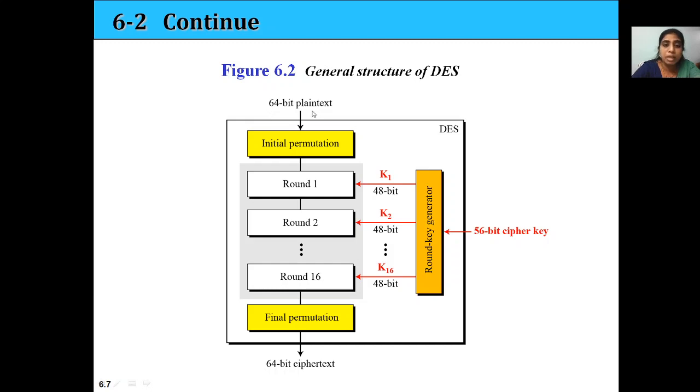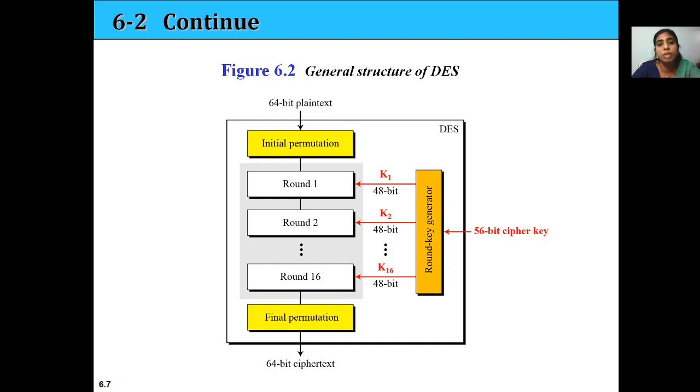plain text and give it to the initial permutation. This initial permutation is predefined. Permutation is nothing but transposition of the bits, where we change the positions of the bits.